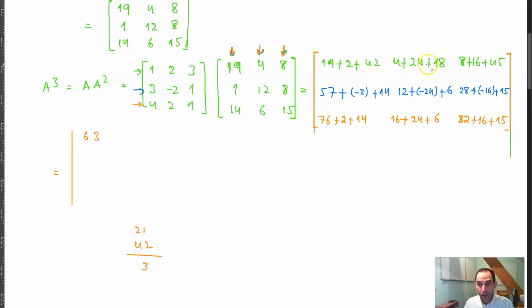Right? 24 plus 4 is equal to 28. 28 plus 18 is equal to 46. 8 plus 16 is equal to 24. 24 plus 45 is equal to 69. Now this is 55. 55 plus 14 is equal to 69.